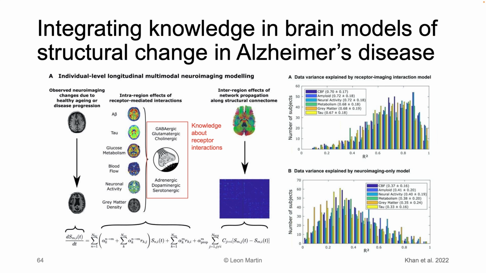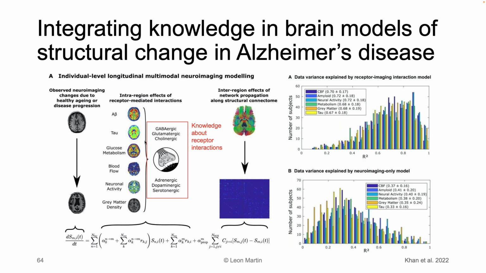So it is a spectrum, but there could be rather more mechanistic or rather more phenomenological models. So how this is then done, I will just quickly go over that.